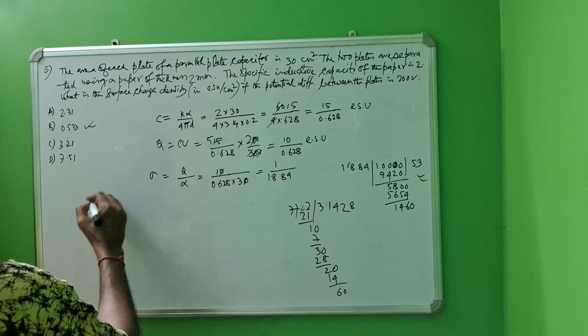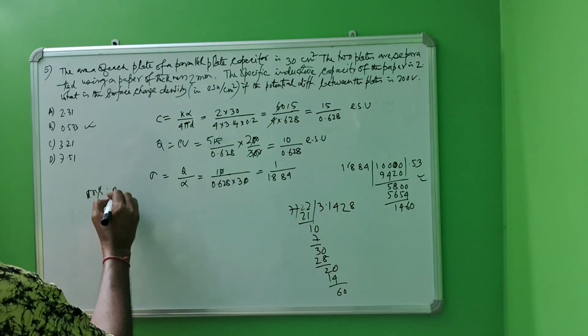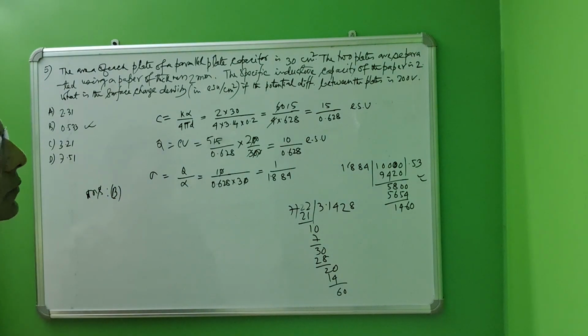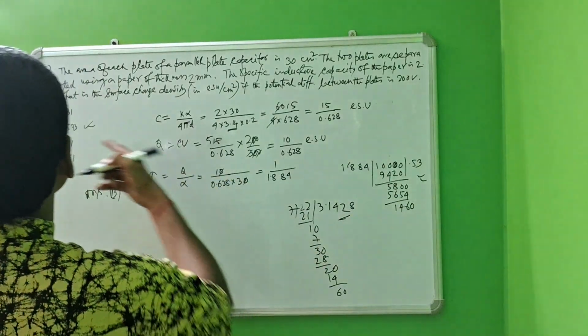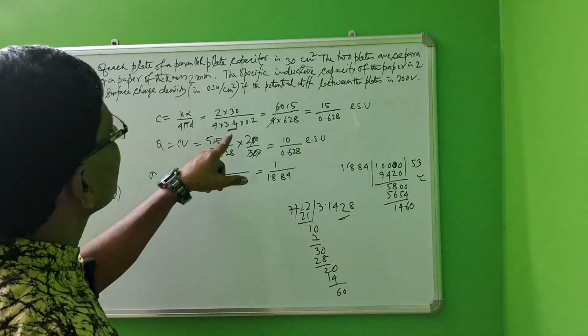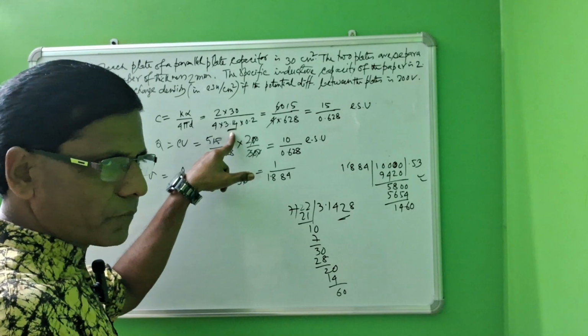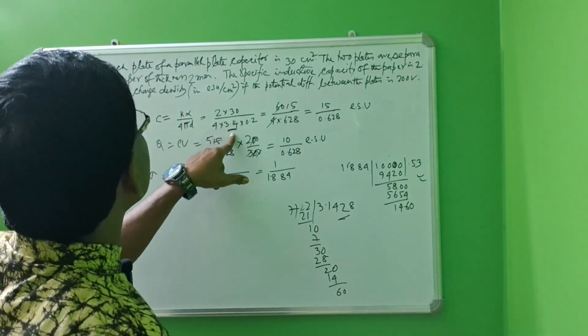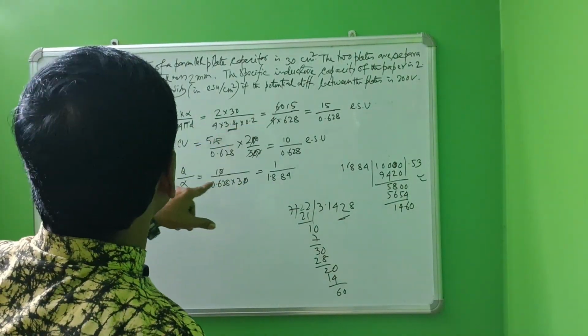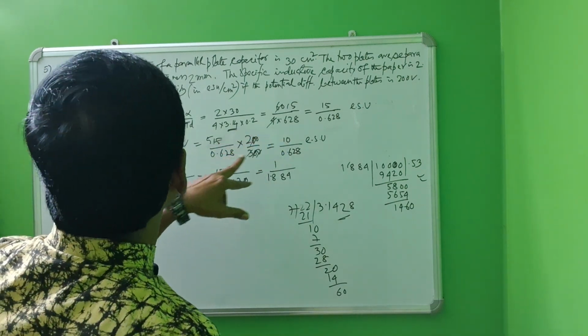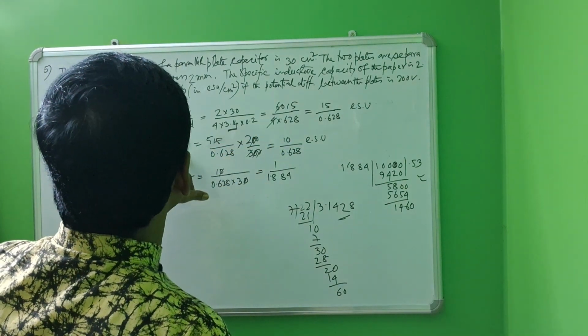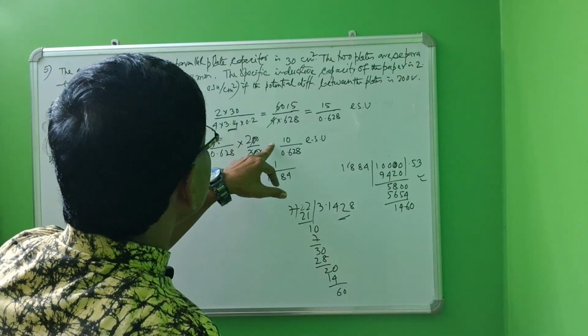So this will be the result, answer B. If you take this value as this, you get the answer as this, because here the denominator is increased, so C will decrease, and when C decreases, then Q will decrease.